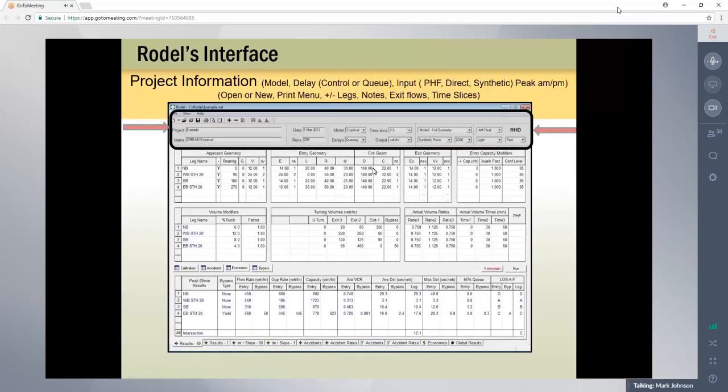So this is the main screen of Rodel. This first row is the project information, which includes your model types. You could put in your type of project, what models you're using, AM, PM is up here, your year, and those sorts of things.